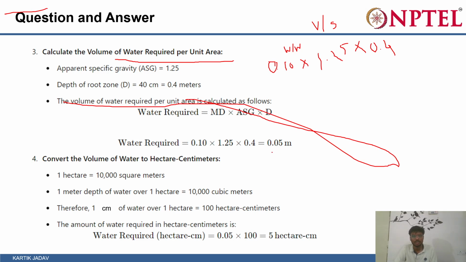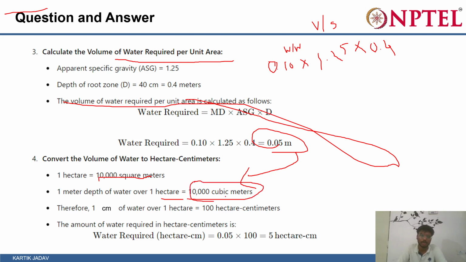Okay, so this depth is required, and if we convert this depth into hectare centimeter, we know that 1 hectare is 10,000 square meter. If you want to convert this depth into hectare centimeter, 1 meter depth over 1 hectare leads to 10,000 cubic meter.